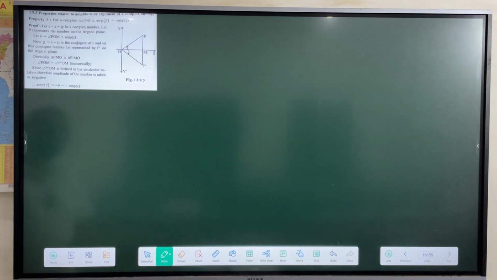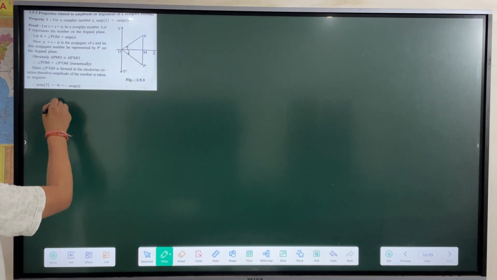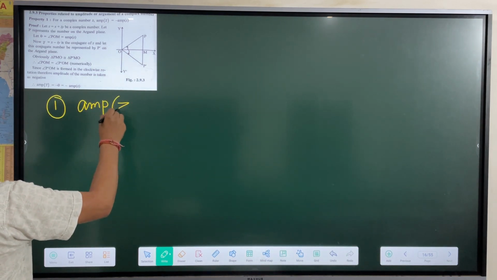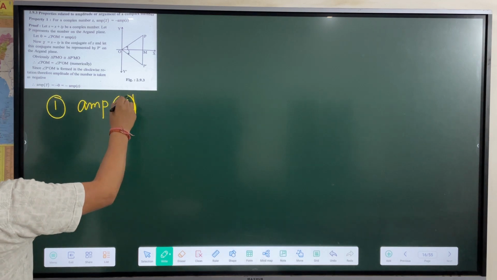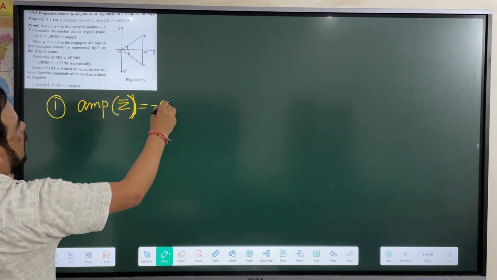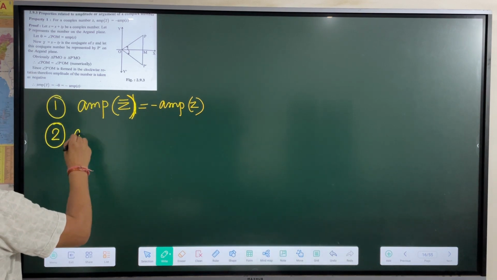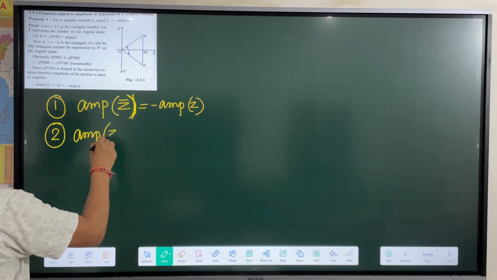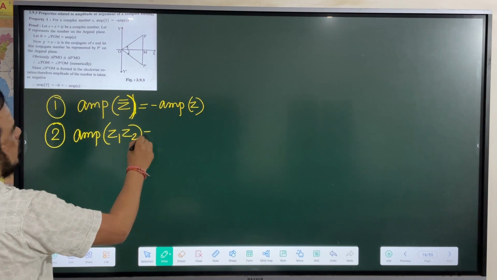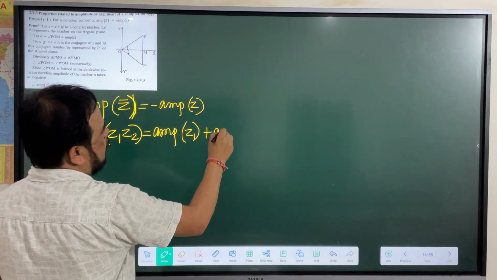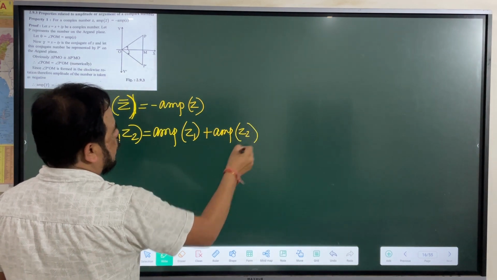Properties. Properties related to amplitude or argument of a complex number. Property number 1: amplitude of Z bar equals minus amplitude of Z. Property number 2: amplitude of Z1 into Z2 is equal to amplitude of Z1 plus amplitude of Z2.